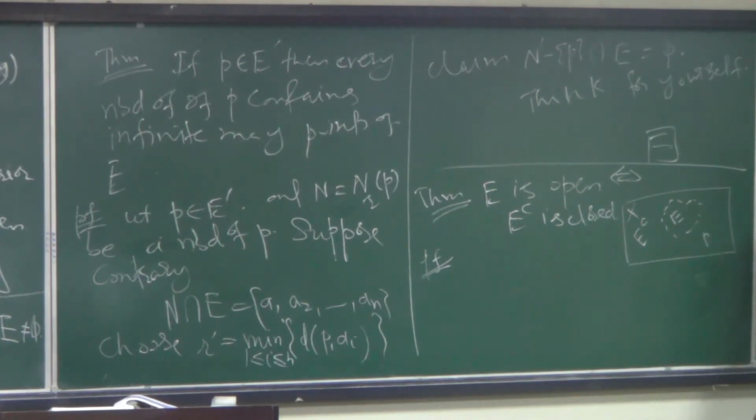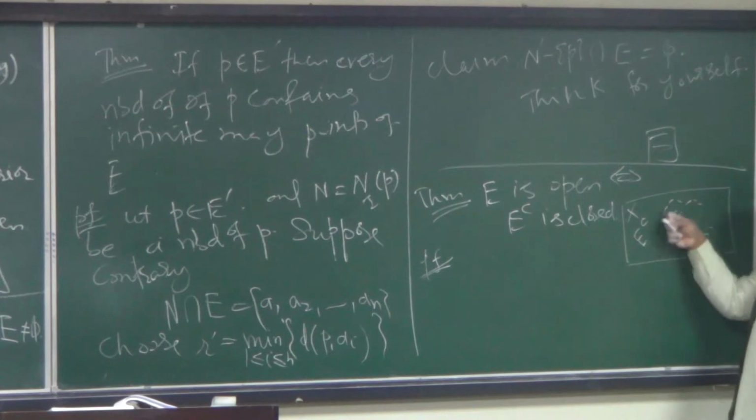If I say P is a limit point, there are three places where this limit point can live. Either it can be within E complement, or on this dotted line, which also means it is in E complement because the dotted line is not included in E. Or it can be inside E.